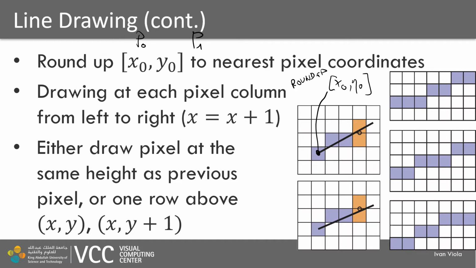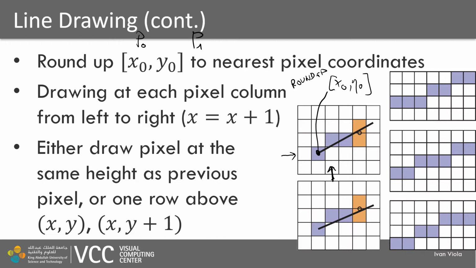And at this point, for the next one, we know that we will be drawing another pixel on the line, for sure in this column, as the next pixel to be drawn.